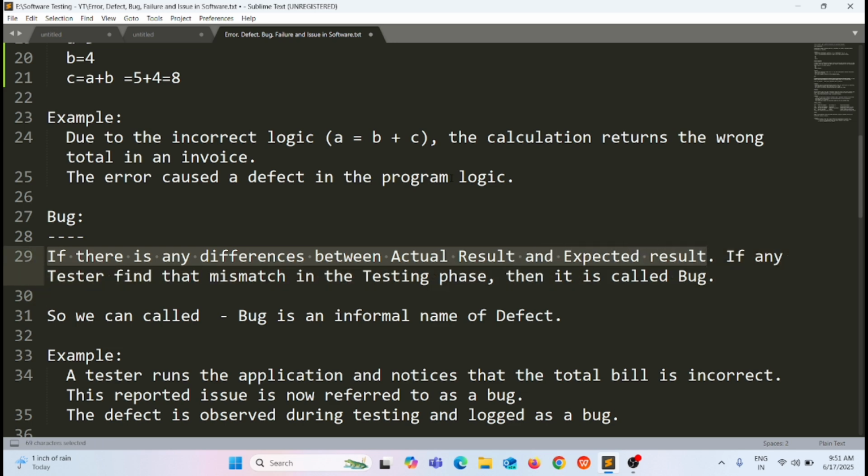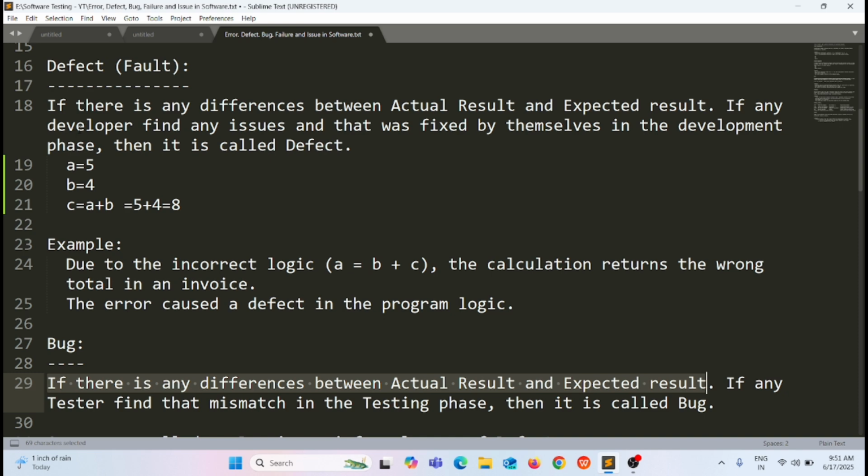Now, the tweak is that if any developer finds an issue and fixes it by themselves in the development phase, that difference between the expected results and actual results, found by the developer, is called a defect. For remembering: D for defect, D for developer. If any developer finds that difference, then that is called a defect. So a defect comes from the development end.